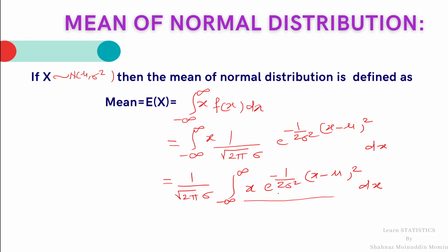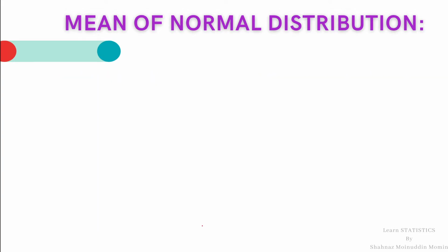In order to solve the integral, we use the substitution method. Put z equal to (x minus mu) divided by sigma. Therefore, dz is equal to 1 upon sigma into (dx minus 0).